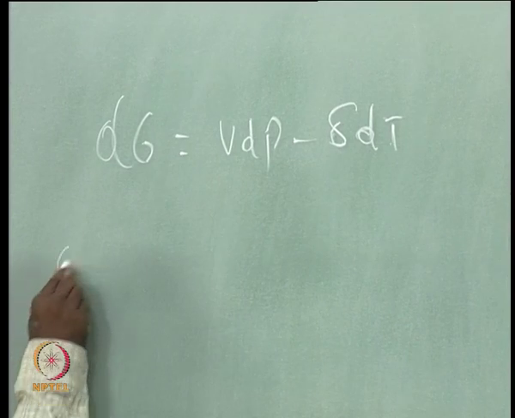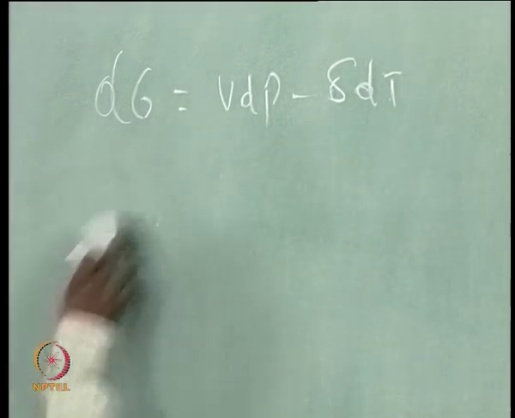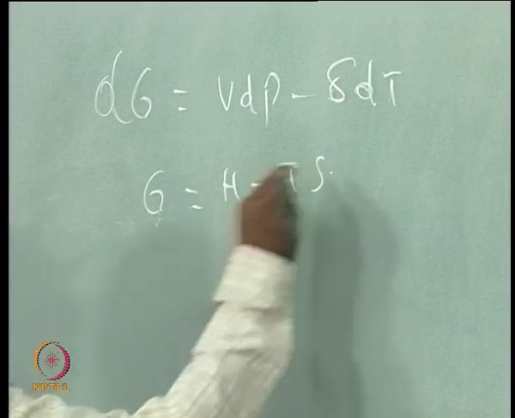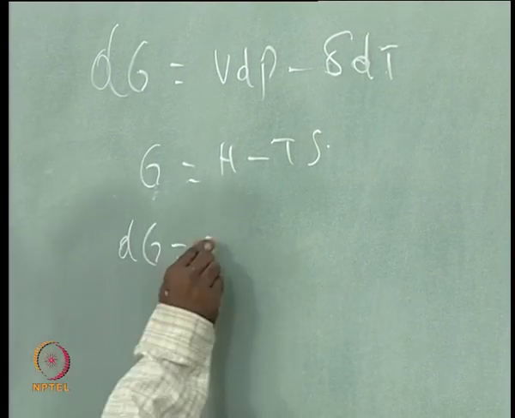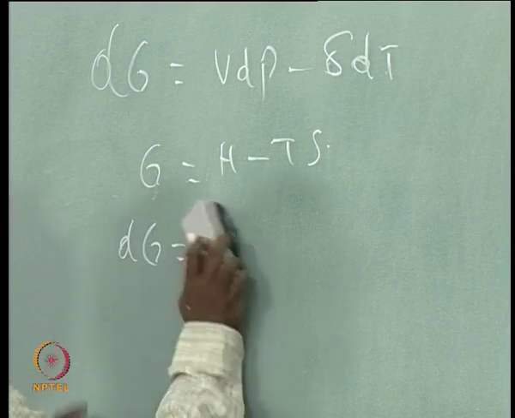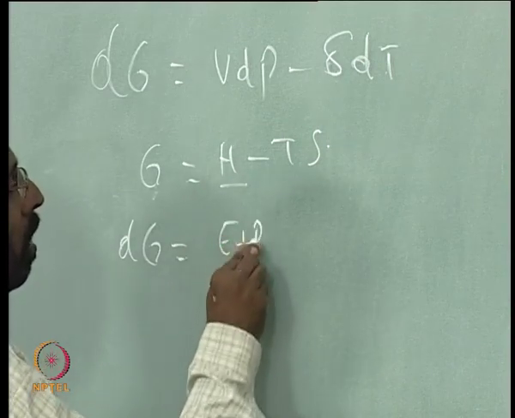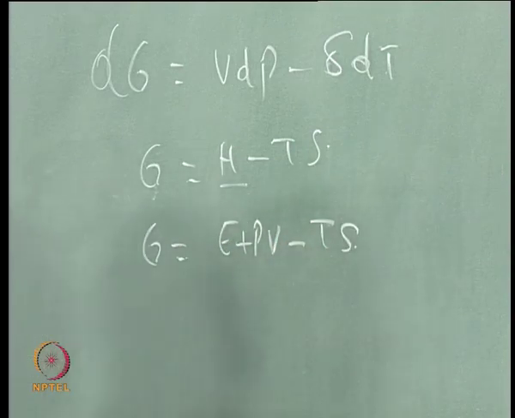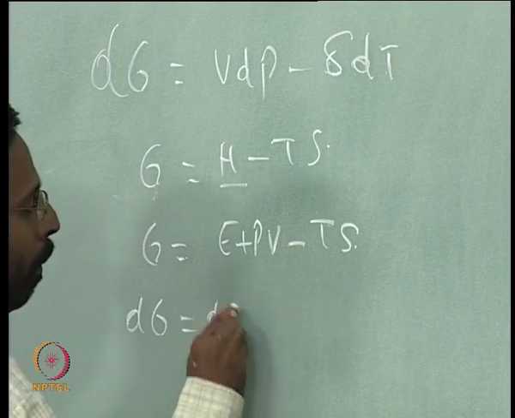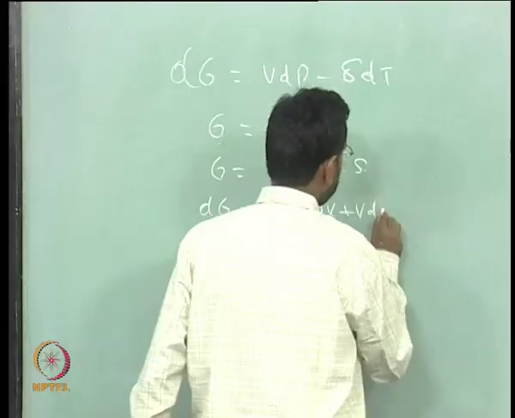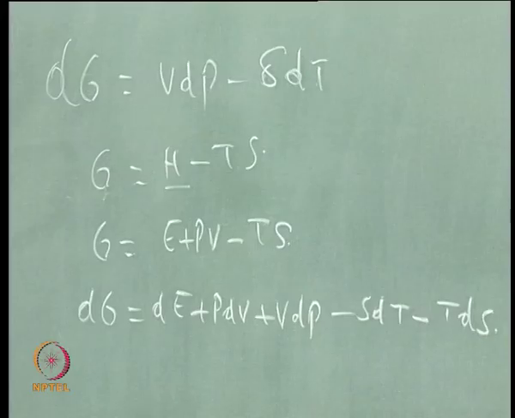If you simply write G as H minus TS, and H is E plus PV, then you can write dG is dE plus PdV plus VdP minus SdT minus TdS. This is how we can expand the whole thing.